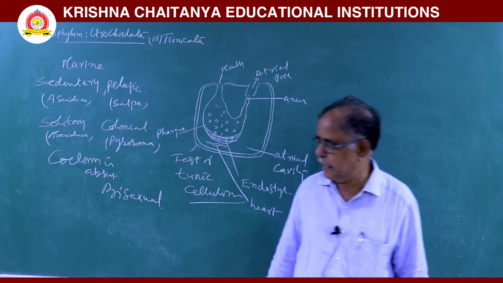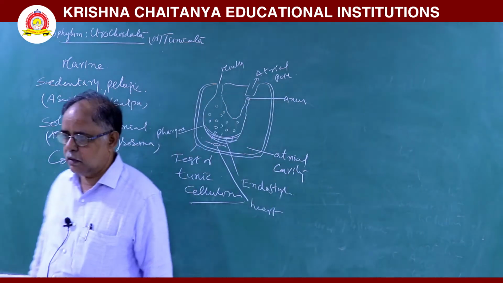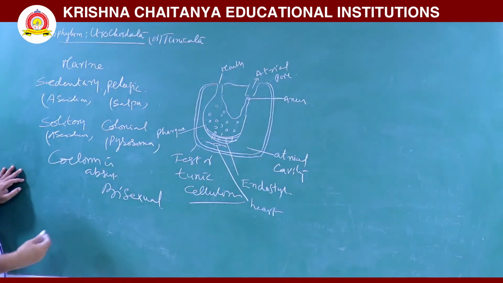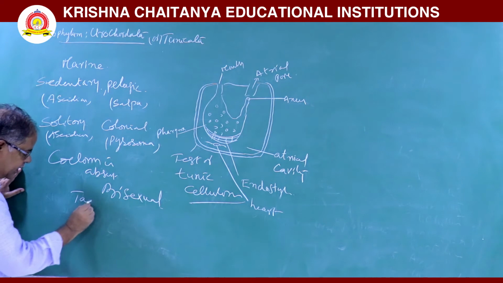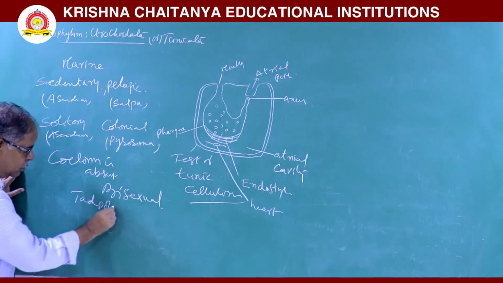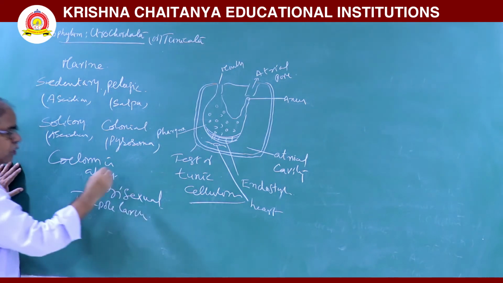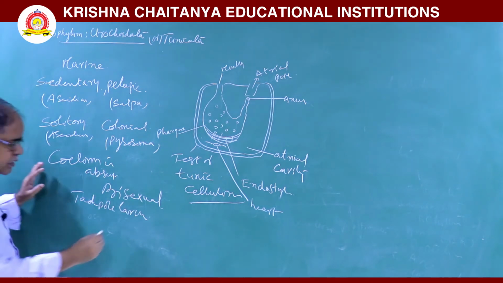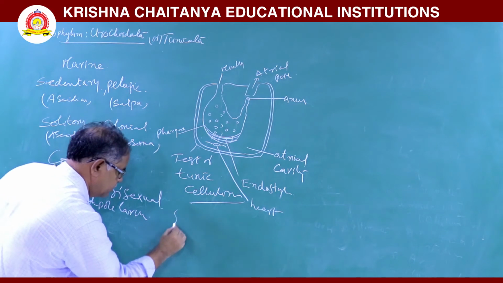Next, in this animal, external fertilization occurs. During developmental stages, one larva is seen. That larva is called a tadpole larva.